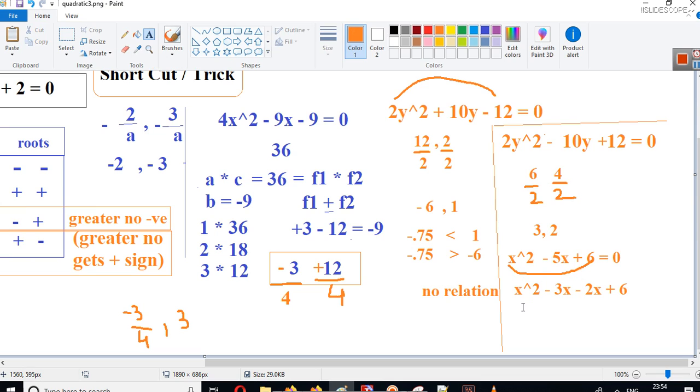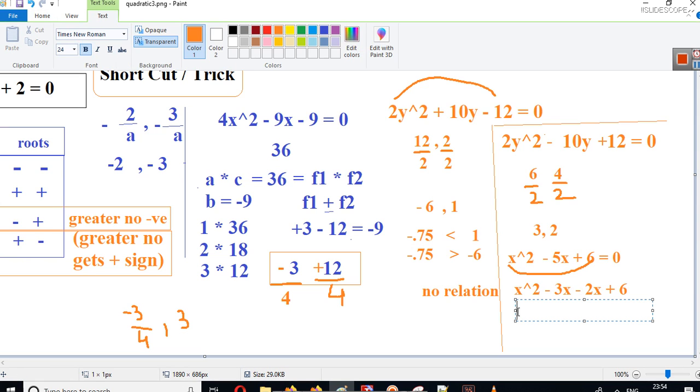So when we get this case where b is negative, in most cases you will see that we have a negative sign here. So we can take x common here, so it will become x minus 3, and then we can take minus 2 common here and it will become x minus 3. Hence one root will become x is equal to 2 and the second root will become x is equal to 3 in this case also.